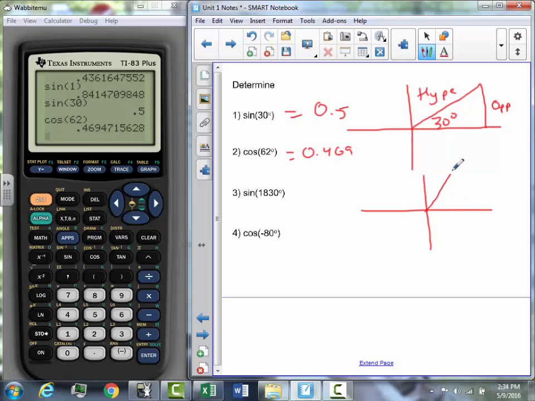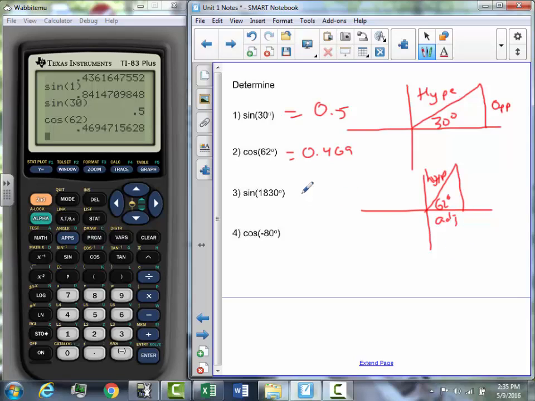If I were to draw you an angle right here of about 62 degrees, it means that your adjacent is about 0.469 as big as your hypotenuse, which I think is about right. If this adjacent right here is just under half, does that make sense? The hypotenuse is always the longest side. You guys have heard that before? The hypotenuse is always the longest side of a triangle. So basically what you're doing is figuring out how your adjacent compares to the hypotenuse.